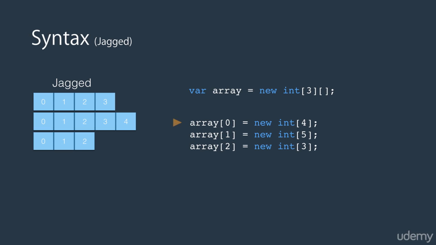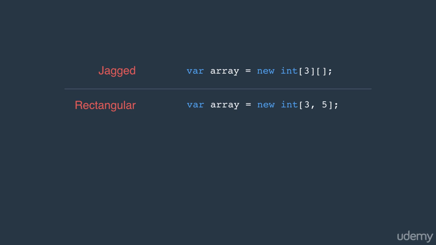So we are specifying that the first element of this array is another integer array of size 4. And to access an element in this array, again, we need 2 square brackets. So the difference between the jagged array and rectangular array from a syntactical point of view is that with jagged array, we have 2 square brackets, whereas with rectangular array, we have 1 square bracket, but we separate the dimensions using a comma.